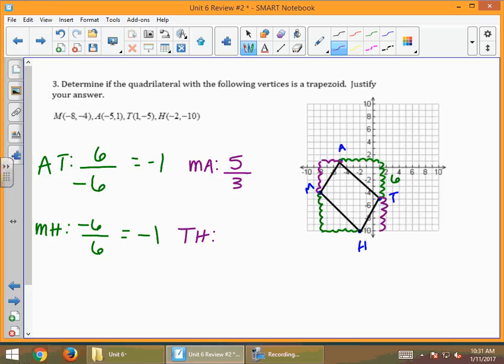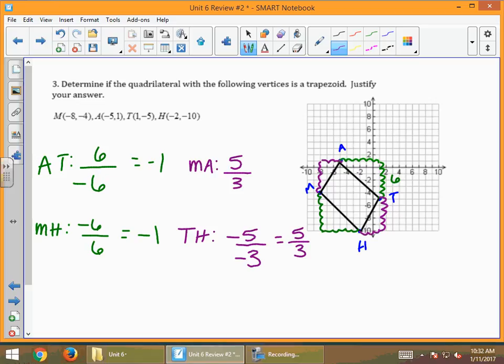How far do we go down? 5. We went down, so it's going to be negative 5. How far do we go over? Negative 3, because we went to the left. A negative over a negative reduces down to a positive. Huh. What do you notice about these sides? They're the same, so those sides are also parallel.